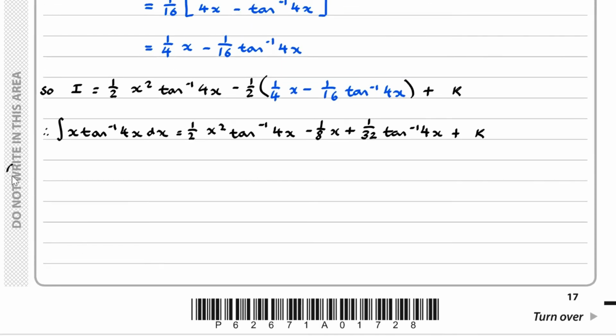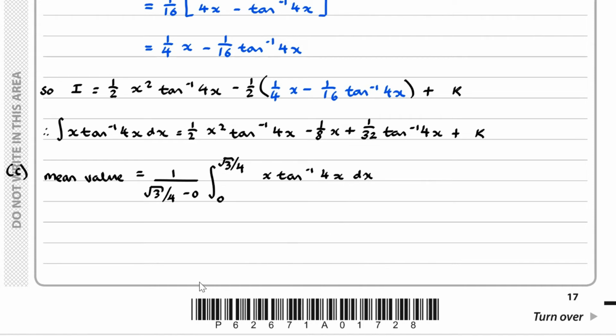For part C, the mean value is equal to 1 over root 3 over 4 minus 0, lots of the integral from 0 to root 3 over 4 of x times by the inverse tangent of 4x with respect to x.